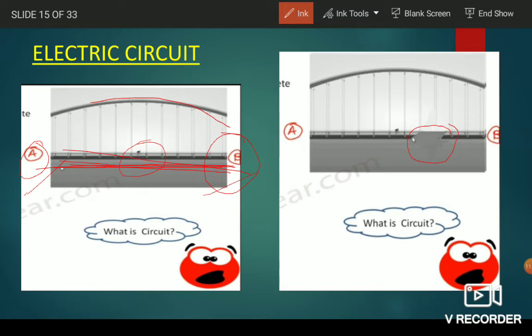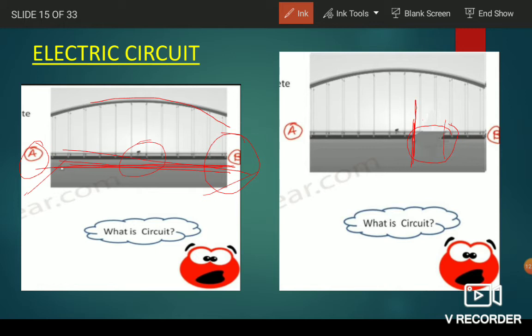Well, no, because in this portion there is no path over which he can ride his cycle. So as soon as he reaches here, he will have to stop, and as a result the cyclist would not be able to reach town B because the path is not complete.